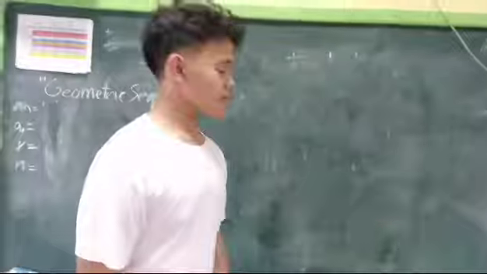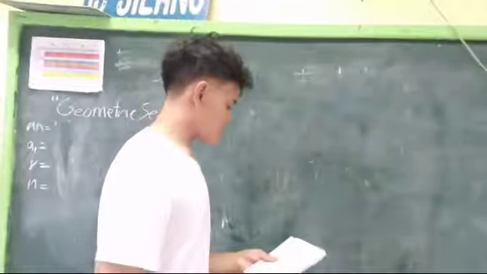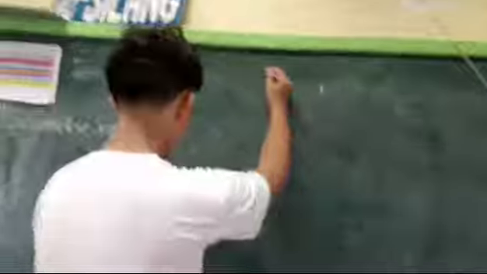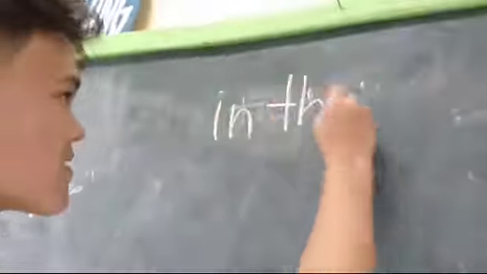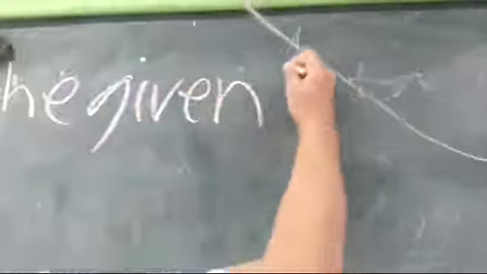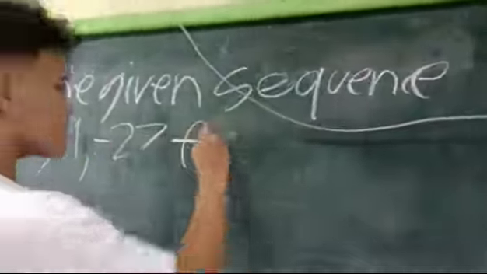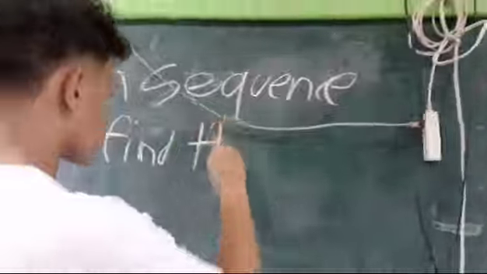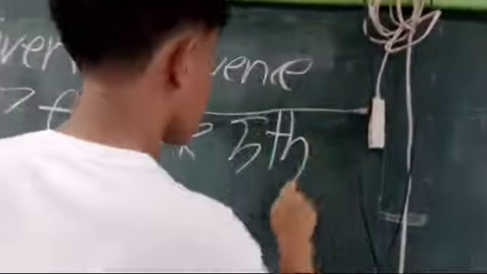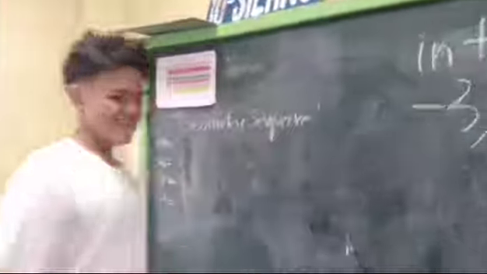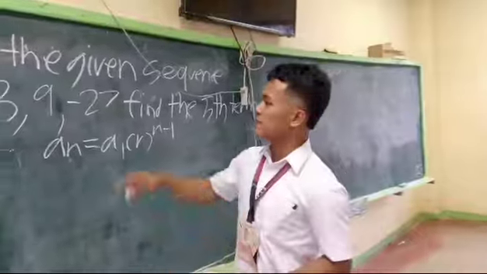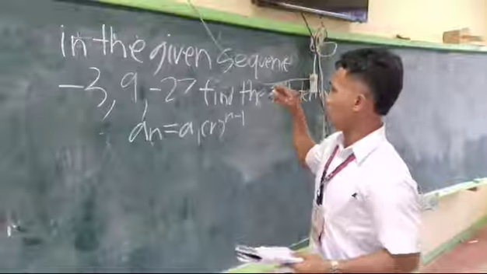Since we're done with the first problem, I'm going to give you another example of a geometric sequence. So now, the problem is negative 3, 9, and negative 27.